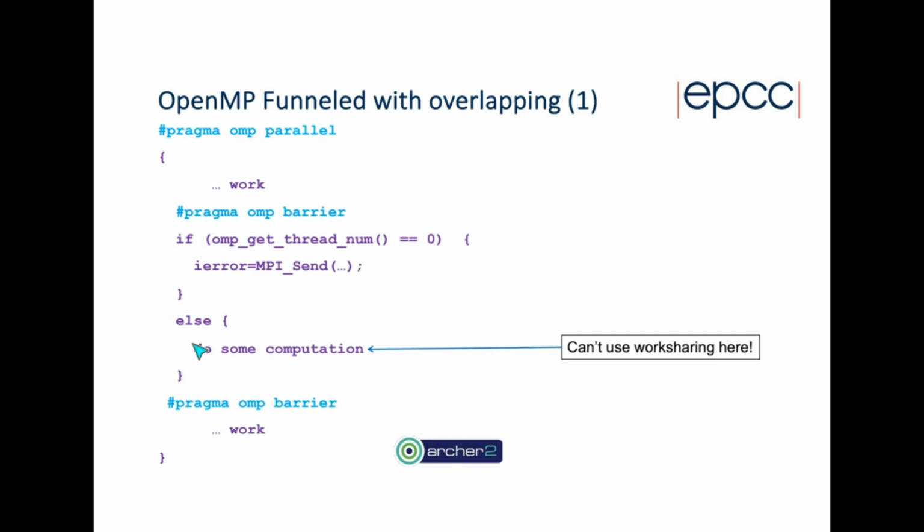In this else branch, not all the threads are executing. That means you can't use work sharing in there. You can't use OMP for or OMP single. You can't call OMP barrier inside this else branch. So if you have a loop, you would need to explicitly, manually distribute the loop iterations between the threads.